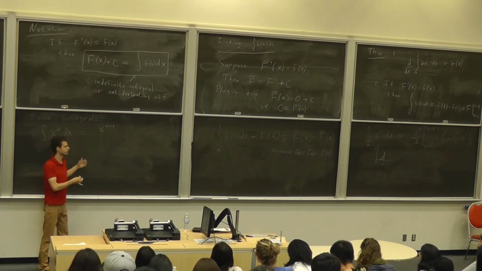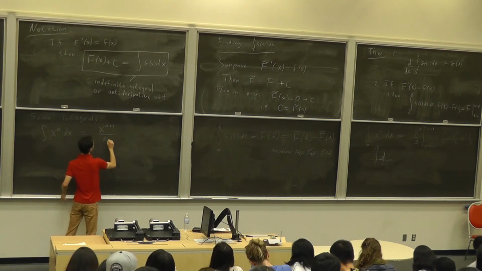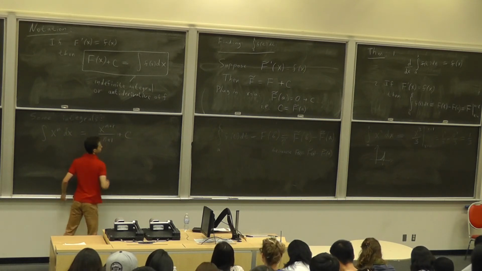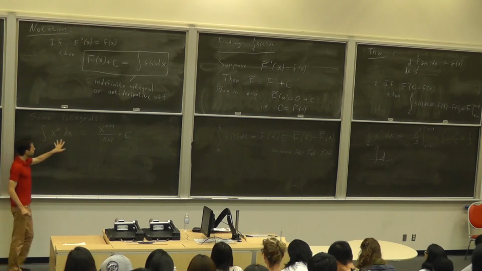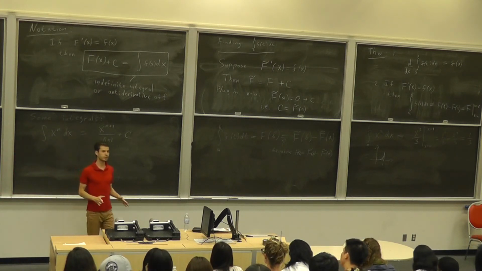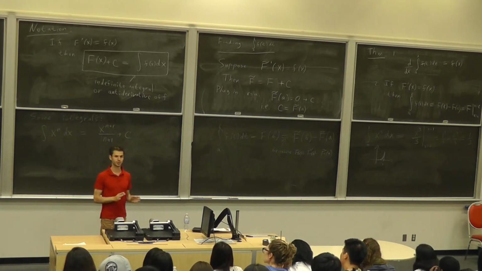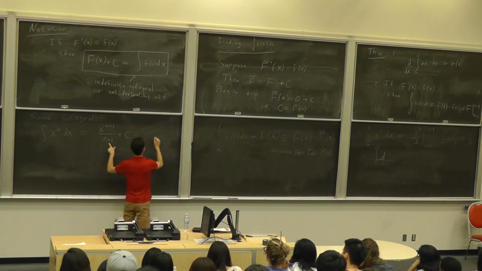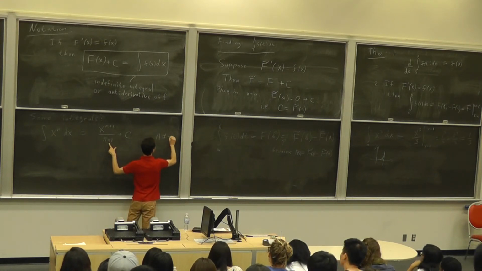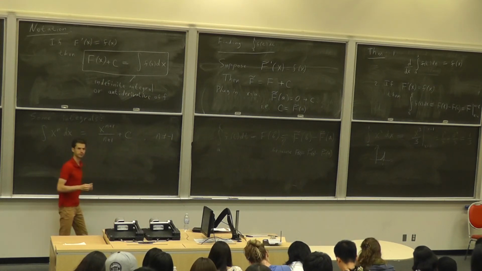Well, I don't want this n plus 1, so we divide by n plus 1. This formula works every time when n is not minus 1. When n is minus 1, I can't really divide by 0. So it holds under the condition that n is not minus 1.